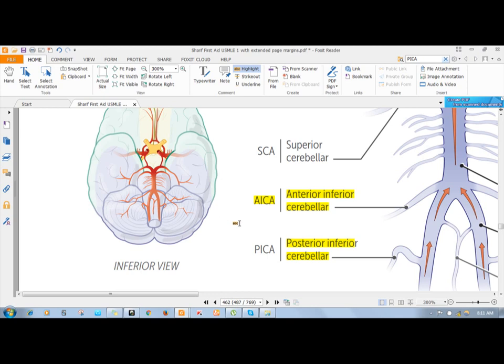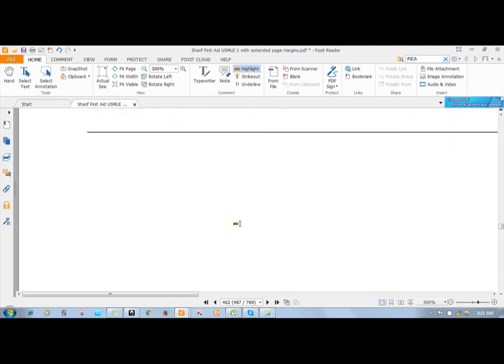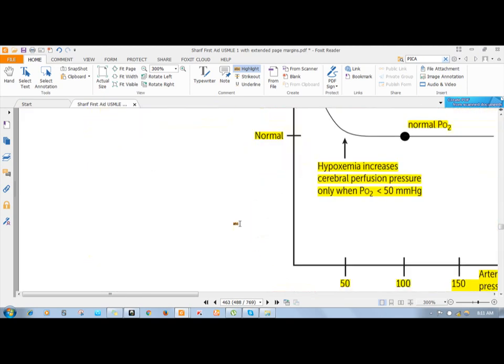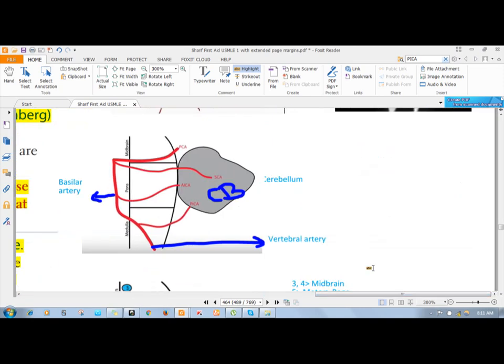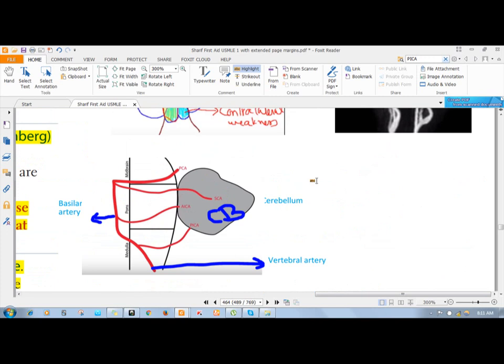The next thing I'm going to look at are the cranial nerve nuclei, which will be very important. Here I have an image of the blood supply again, the orientation of the blood supply of the brainstem on a lateral view. This is your vertebral artery going up, giving off a branch called PICA, the posterior inferior cerebellar artery, which supplies the cerebellum but also the lateral part of the medulla.